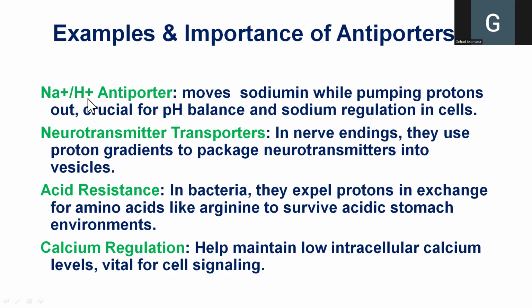The sodium-potassium antiporter is easy to understand because it pumps protons outside the cell, but at the same time, sodium is being moved in. We will not go deep into the antiporters, but you can understand that if we pump potassium outside the cell, then we are trying to regulate the pH inside the cell.